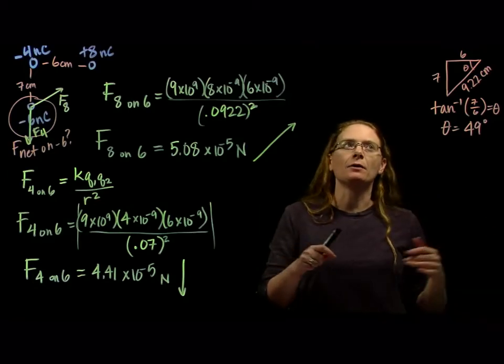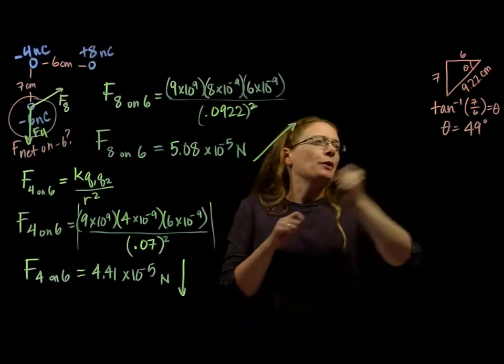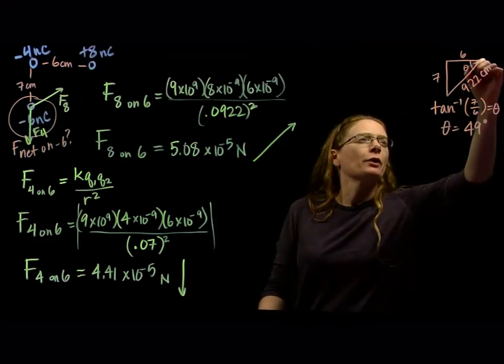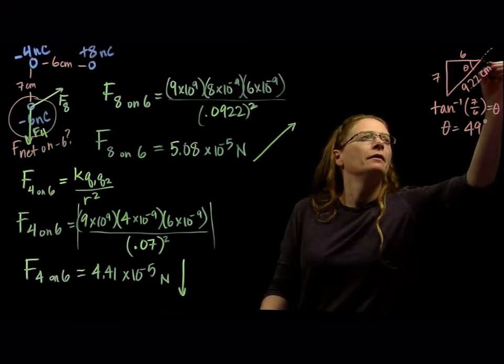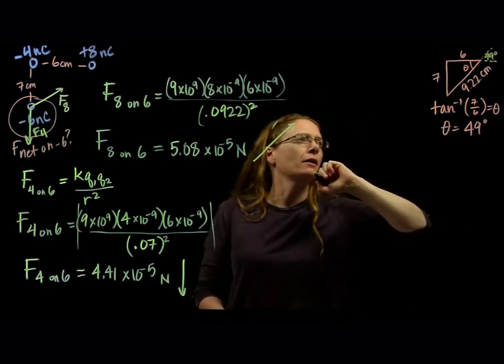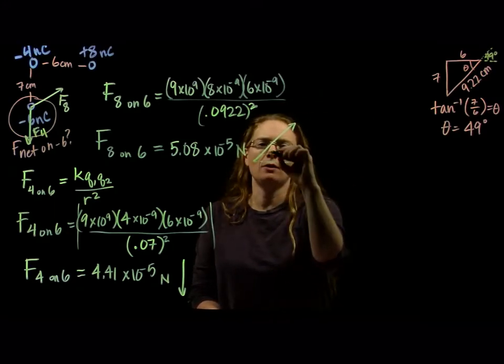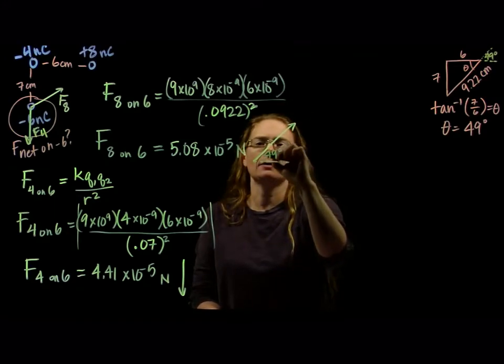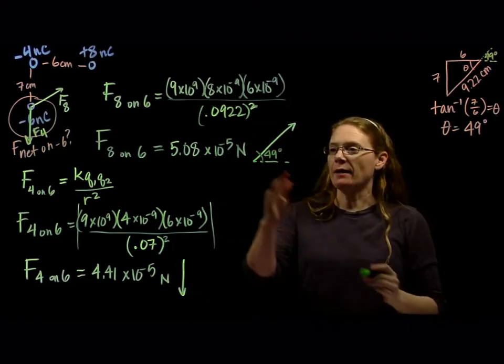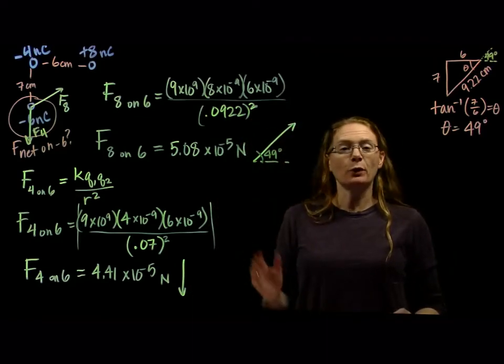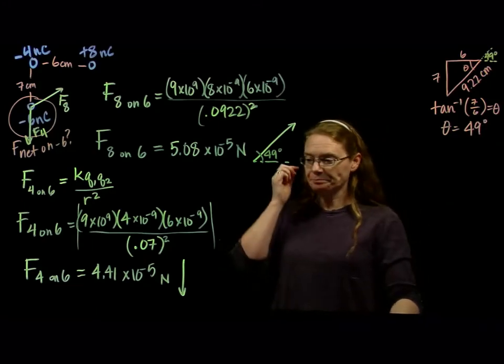I want the angle. Well, if this angle right here is 49 degrees, then the equivalent angle there is 49 degrees. So I now know that this force acts up and to the right at 49 degrees above the horizontal.